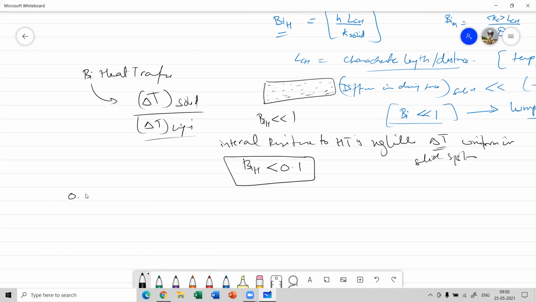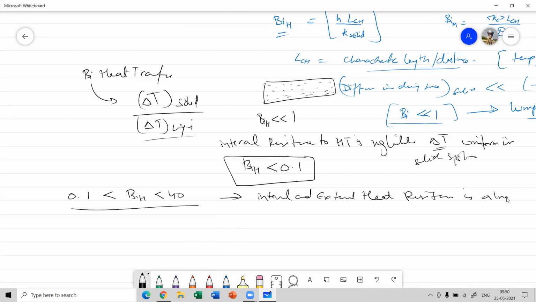Second, if the value is between 0.1 to 40, then we assume that the internal and external heat resistance is almost the same in magnitude.